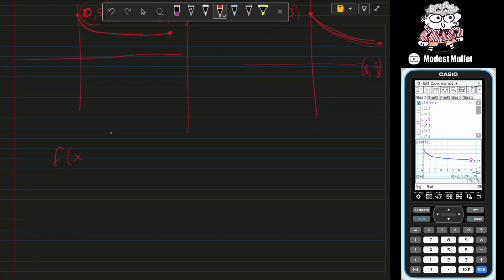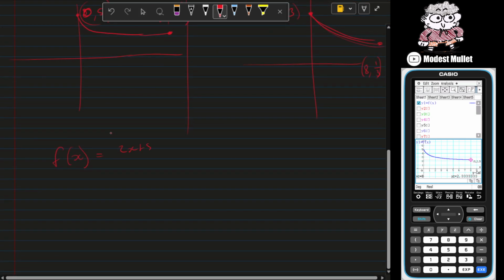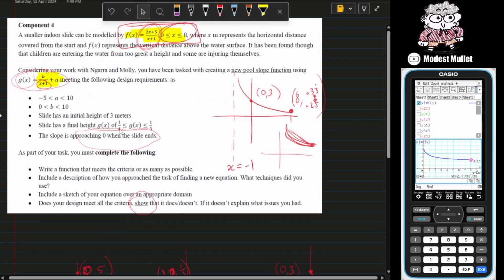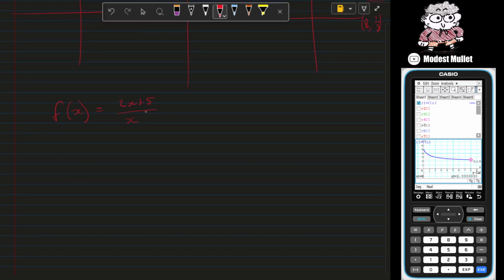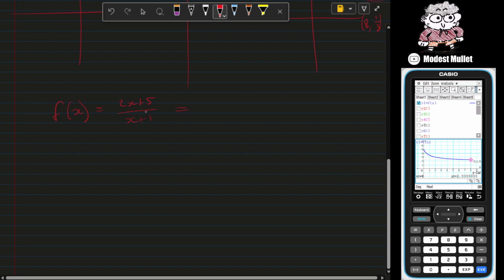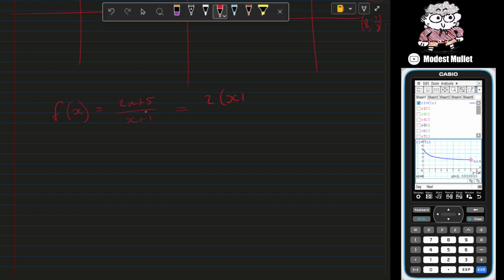So we know f of x is 2x plus 5 on x plus 1, which can be written as 2x plus 1... The reason I'm putting the x plus 1 is because that's the denominator. If I expanded that, that's going to become 2x, and that's going to become 2, but I actually need a 5, so I need to write a +3 on the end.